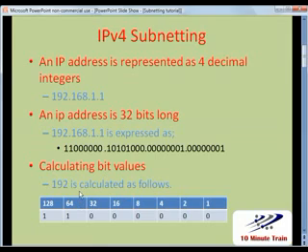So for example, in this case, 192 written in binary format is 11000000. And what that means is you calculate the values of 128 and 64, anything with a 1 associated with it. 128 plus 64 is 192.